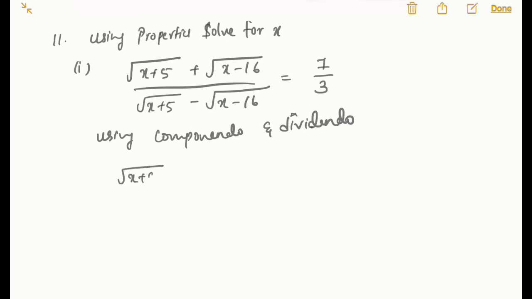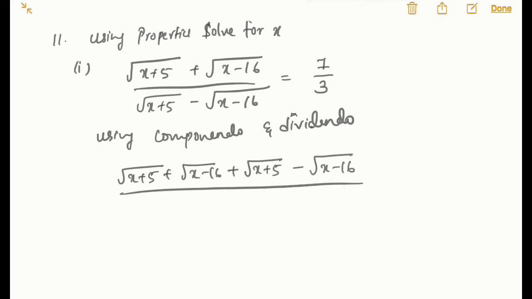So what you get is: root of x plus 5 plus root of x minus 16 plus root of x plus 5, what is the denominator, minus root of x minus 16, by root of x plus 5 plus root of x minus 16 minus root of x plus 5, minus into minus will become plus now, right?